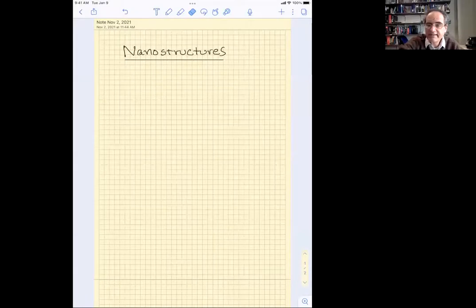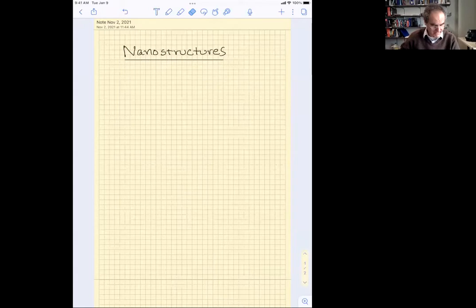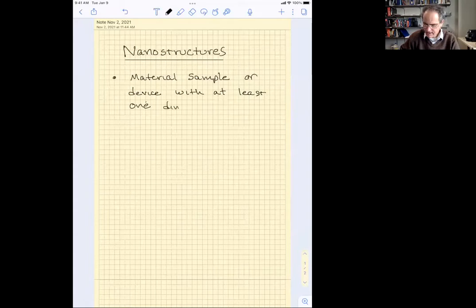So at the outset, it makes sense to ask, well, what is a nanostructure? A nanostructure is a sample of material or a device that has at least one dimension on the nanometer scale, meaning 10 to the minus 9 meters.